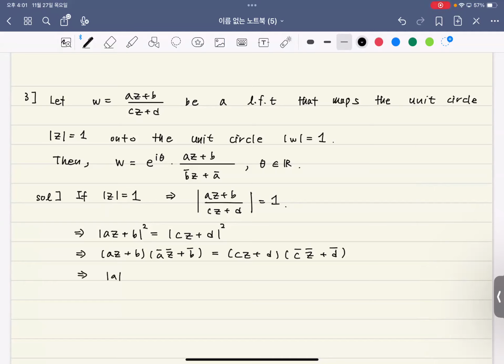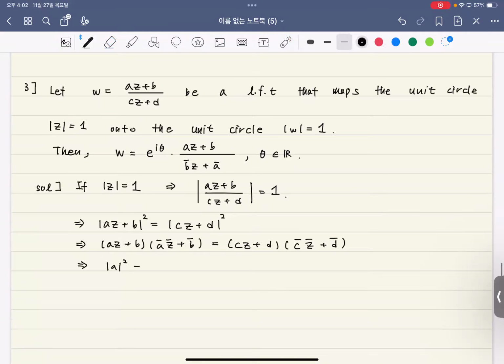So A squared times Z squared. Oh, hold on. Since we are assuming that the modulus of Z equals 1, please allow me to get rid of this. Plus A B bar Z plus A bar B Z bar plus B squared is the same as C squared plus C D bar Z plus C bar D Z bar plus D squared.